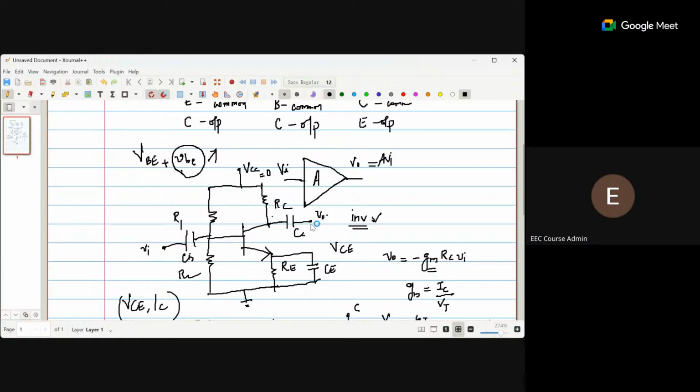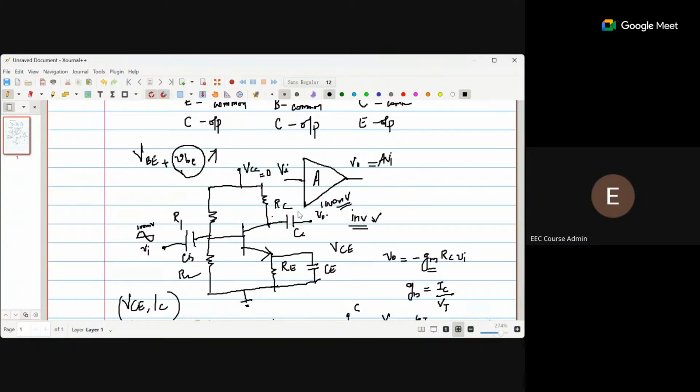What we need is, if I provide some AC signal here of peak value, some 50 millivolt or 100 millivolt, and if the amplification factor is some 10, what I need to get here is 1000 millivolts sine wave. So that will not have any DC, and that is taken care of by this CC.